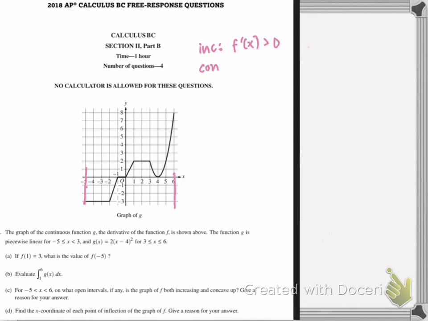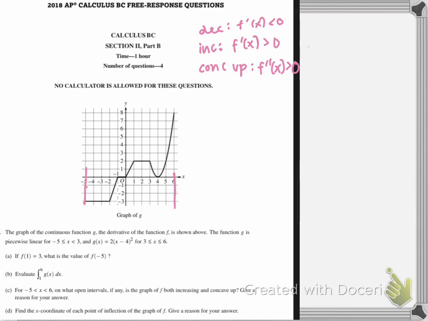To look at concavity, we look at the second derivative: when it's concave up, f double prime of x is greater than 0. As a quick refresher, decreasing would mean f prime of x is less than 0, and concave down would be f double prime of x is less than 0.